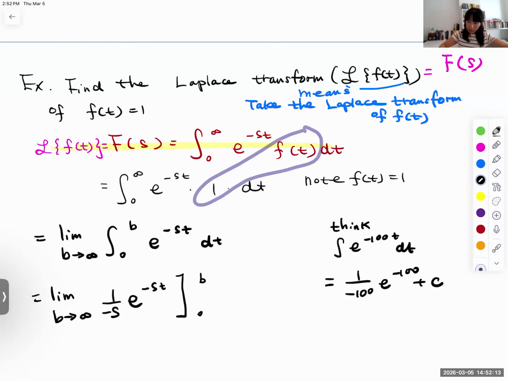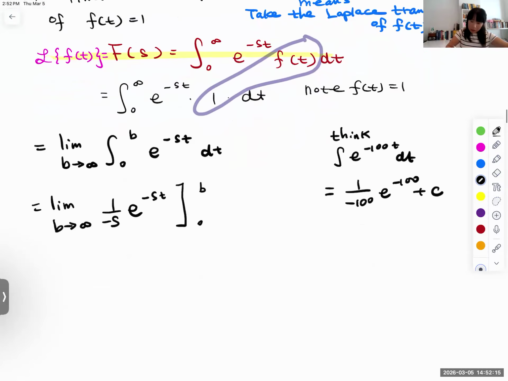Okay, now let's keep continuing. So we have the limit as b approaches positive infinity of 1 over negative s e to the negative sb minus e to the 0.